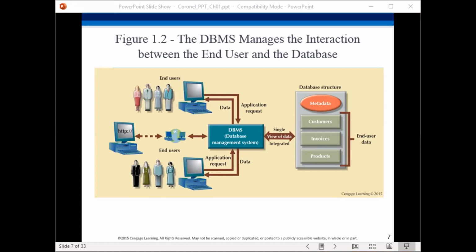Likewise, file systems couldn't allow multiple users to access the database at the same time. Today, with database management systems, they do allow concurrent access by multiple users. So database management systems offered solutions to these drawbacks of the file systems that I've talked about.